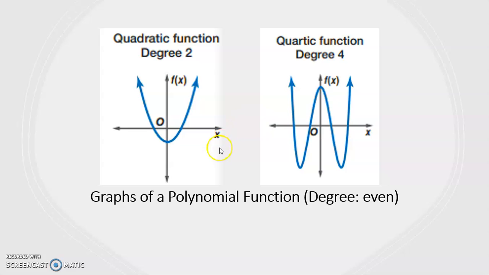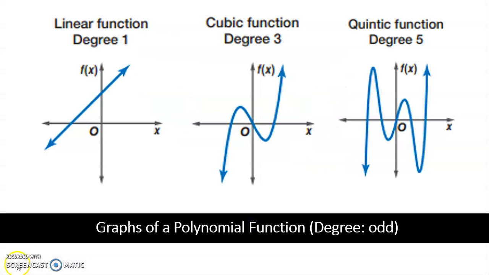So the right side and the left side of a polynomial function that has an even degree always have the same direction. So meaning, if the left side is increasing, the right side is also increasing or goes upward.